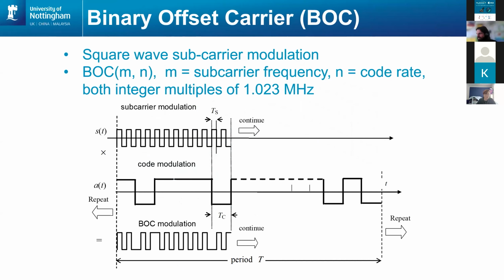In the future, we've got lots of new modulations coming, or we already have signals now with Galileo and GPS modernized signals with what's called a binary offset carrier modulation. And here you're modulating that code wave with another square wave. So we see a square wave on the top here, modulating that code.